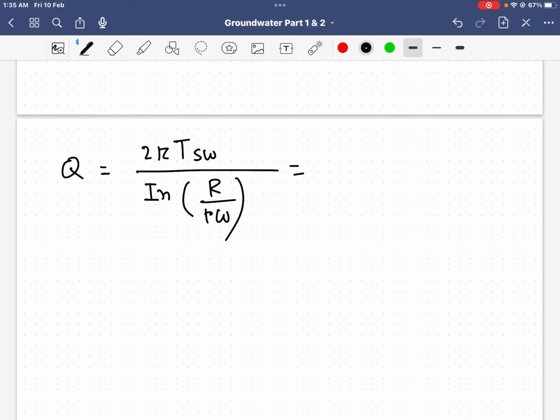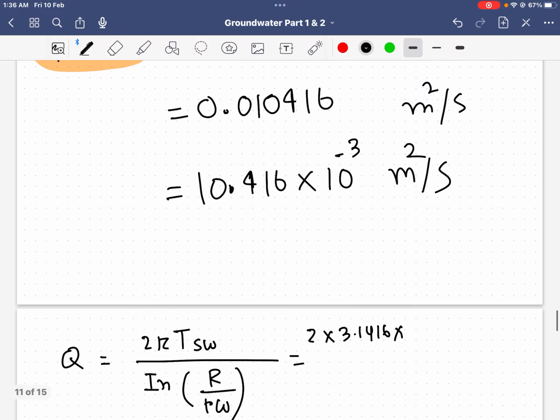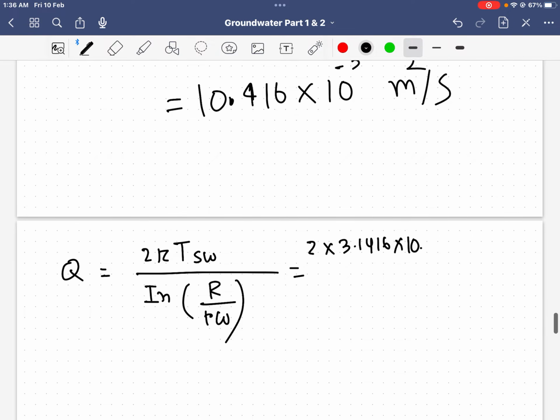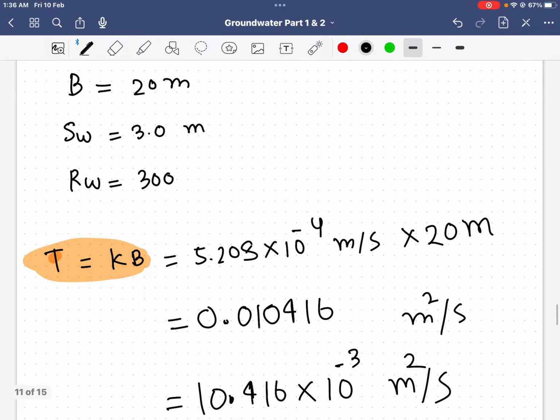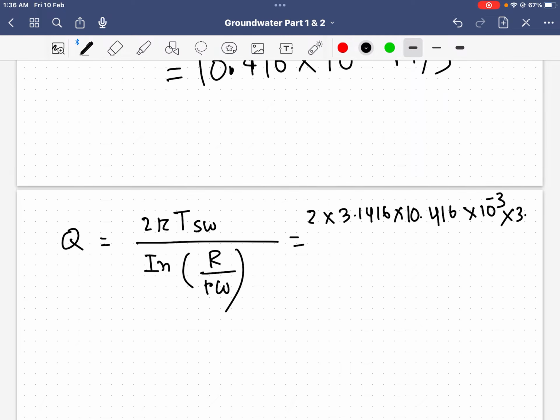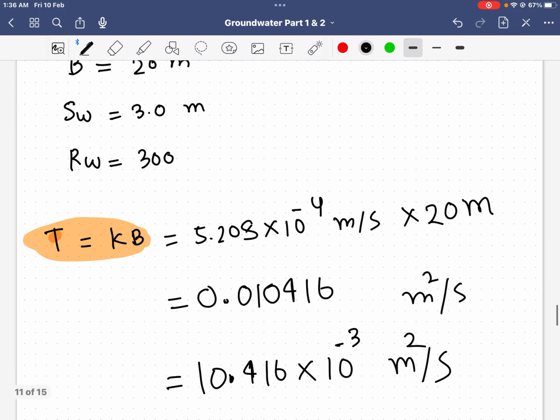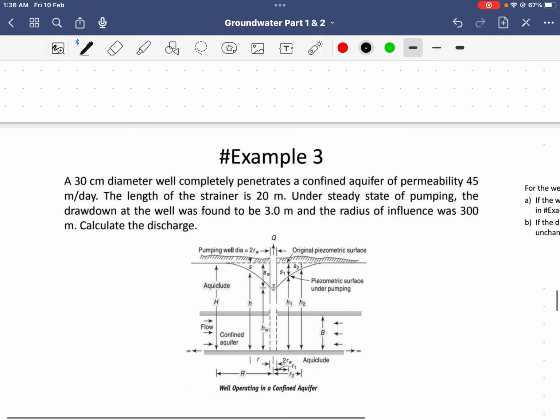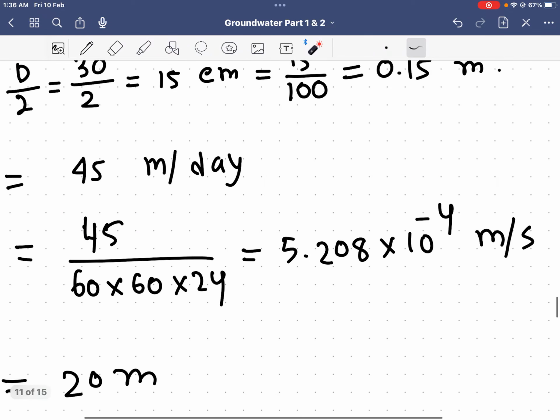So I have 3.1416 times the transmissibility 10.416 times 10 power negative 3 times Sw. Sw equals 3 meter, because this 3 meter comes from the question, where the drawdown at the well was found to be 3 meter.